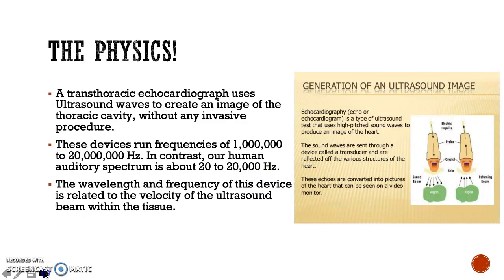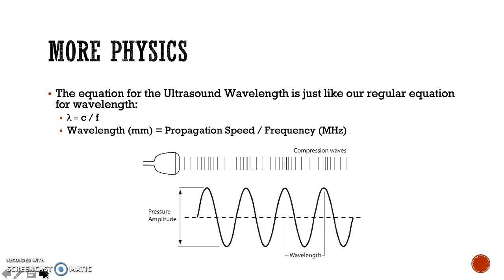On the next slide, we have more physics. So basically, the transducer, which is this little picture right here, is sending really, really high frequency waves into a patient's body, usually the thoracic cavity. Obviously, you're looking at the heart, and these will bounce back from the organ, and the device will create an image to reflect what kind of waves the device is receiving back.